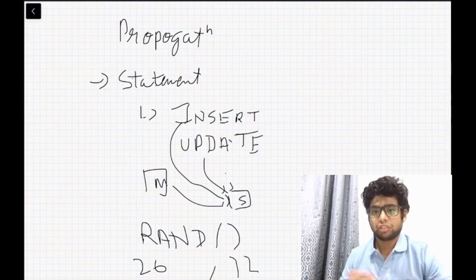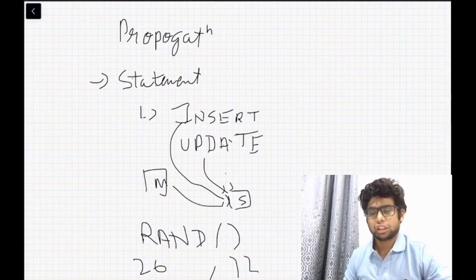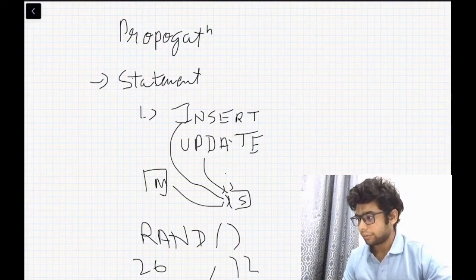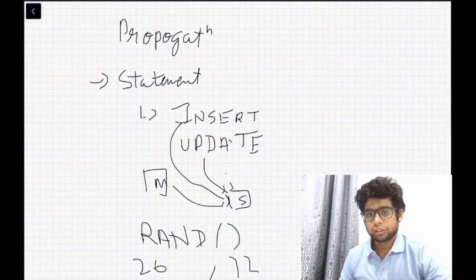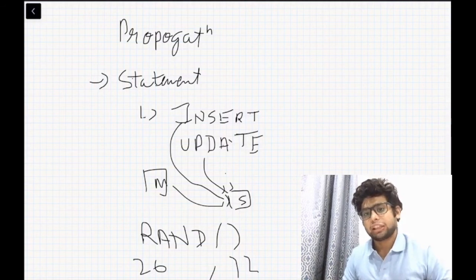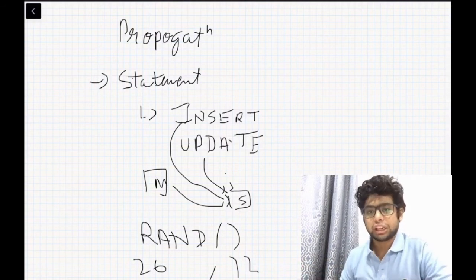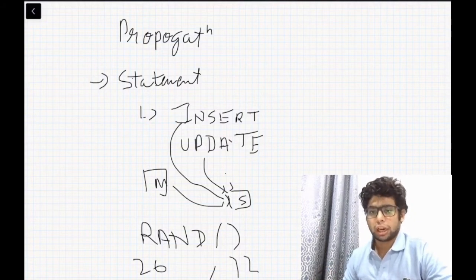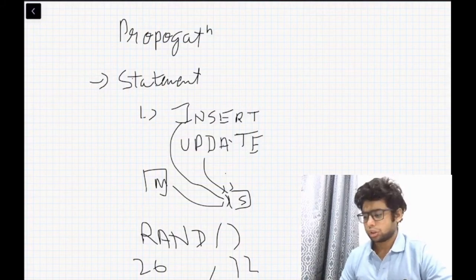This is one disadvantage of statement based replication. This can be solved by evaluating these statements at the master and then copying the result to the slave. But again, there can be many edge cases where these non-deterministic problems could arise. That's why it is not mostly used in production.